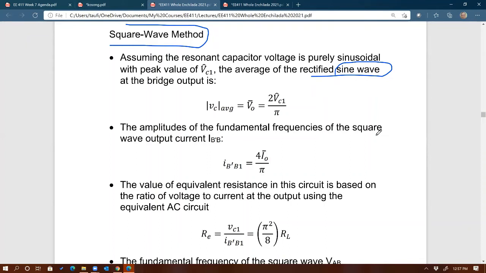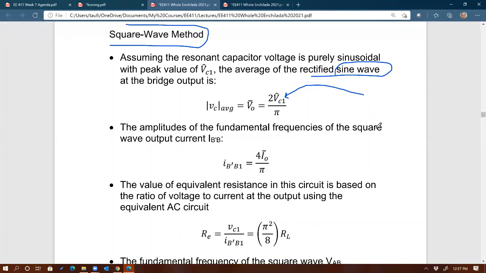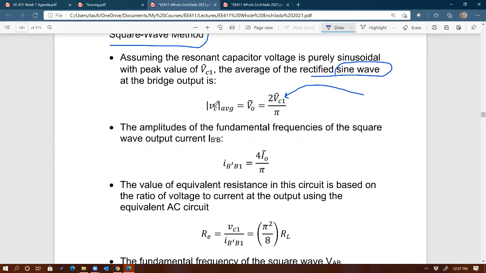So that's why, just like in SLR, you see the subscript 1. It means we only look at component number 1 in the Fourier series of a square wave. Now, the resonant capacitor voltage, as you saw earlier, follows a sine wave. If you operate in CCM2, it's almost like a perfect sine wave.